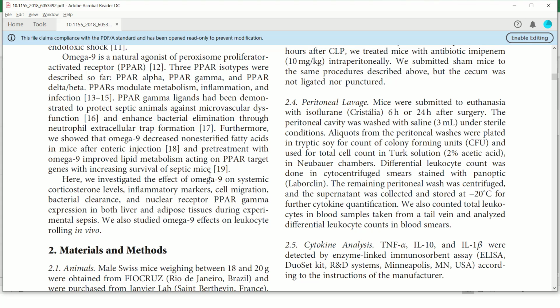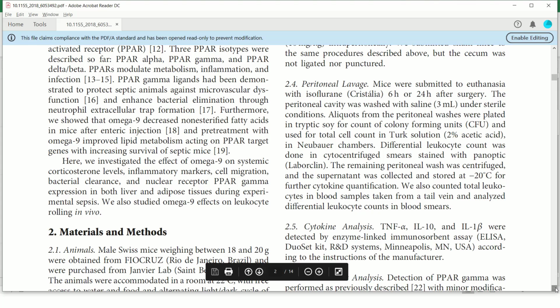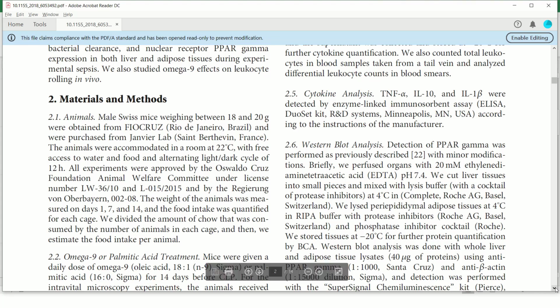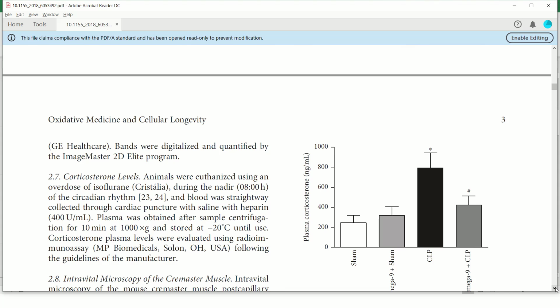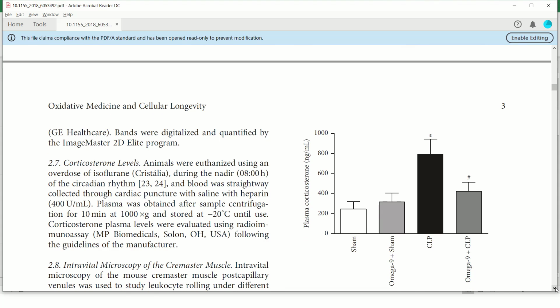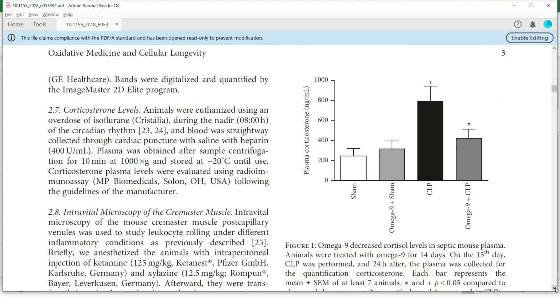So they did not measure survival. That's for a start. And they've done lots of analysis, cytokine analysis, Western blot analysis. They've done lots of analysis. Okay, cortisone levels. Okay, so they've done that.